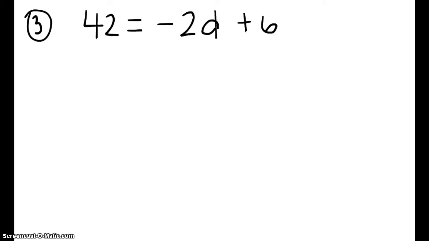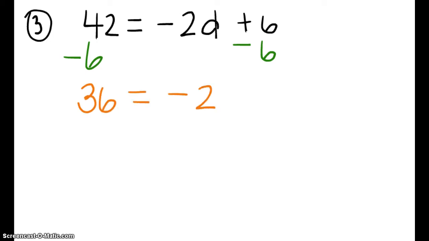42 equals negative d plus 6. Alright, so I want to get rid of my 6. So I'm going to subtract 6, or add negative 6, however you want to say it. So that's going to be 36 equals negative 2d, because those zeroed out. Now here, remember what I was saying, sometimes it's impossible to avoid having negative variables.